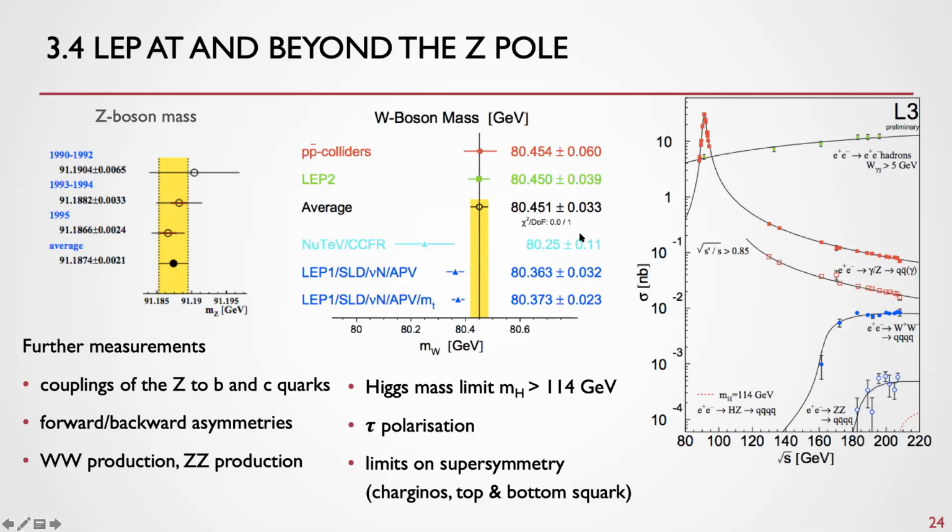The results I'm showing here are from LEP, so they are slightly old, but the LHC precision on the W mass, I think from ATLAS, has very recently gone into this regime. For CMS, there isn't even a public result yet.